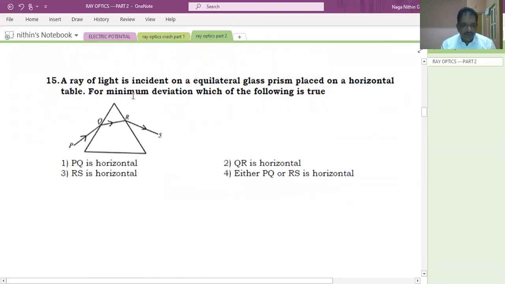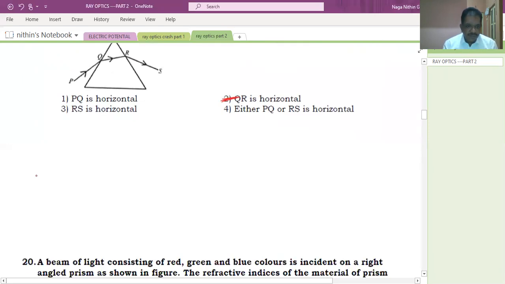Next, a ray of light is incident on an equilateral prism placed on a horizontal table. For minimum deviation, which of the following is true? For minimum deviation, QR should be parallel to the base. Okay.